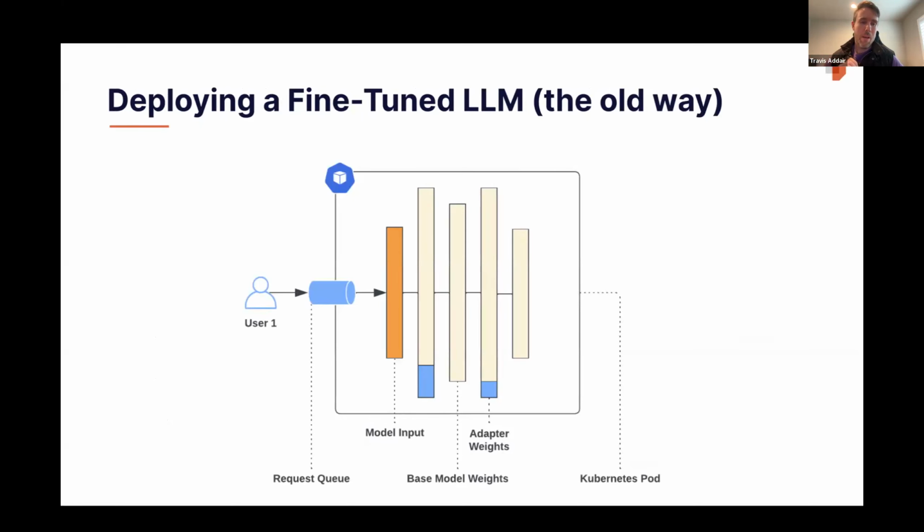And so taking a step back and thinking about how you deploy fine-tuned LLMs the old-fashioned way, you normally have something like a Kubernetes pod. You have a request queue coming in that is accepting requests and queuing them up for completion. And then you have your fine-tuned model weights. And if you're doing parameter efficient fine-tuning, like Dan mentioned at the beginning, these weights only account for something like 1 to 5, maybe 10% at worst, of the parameters of the model.